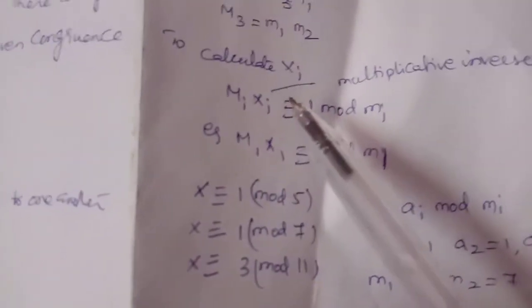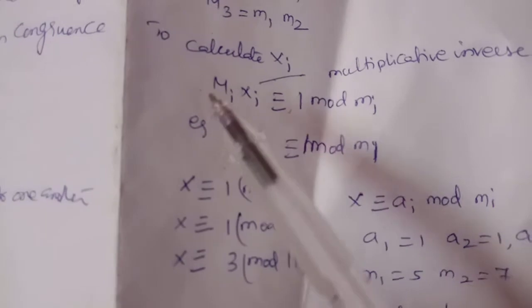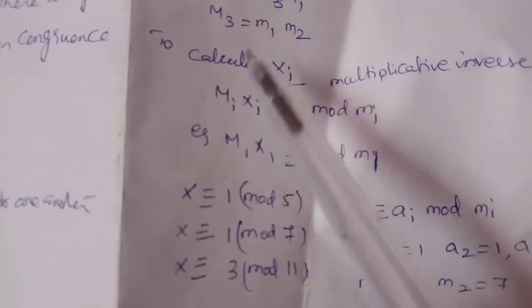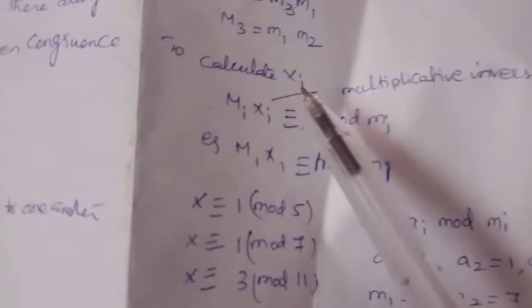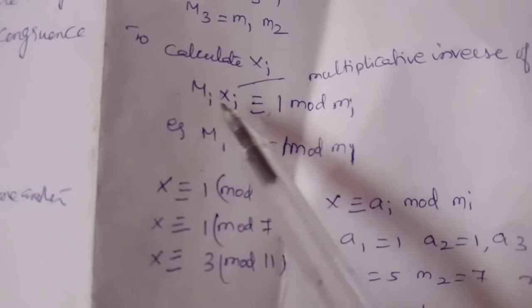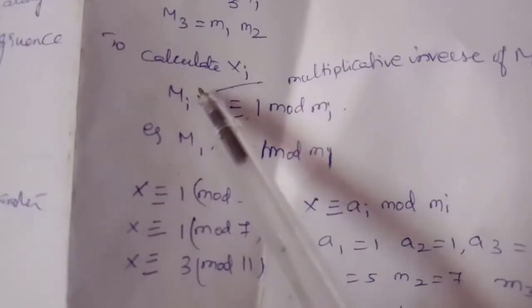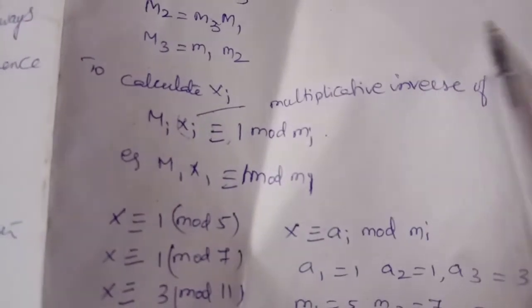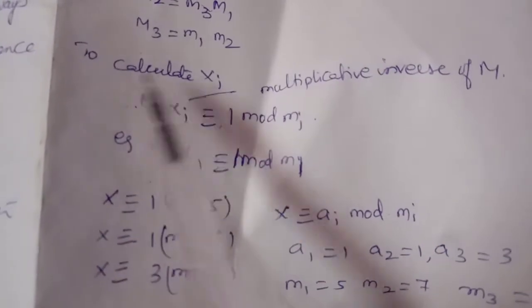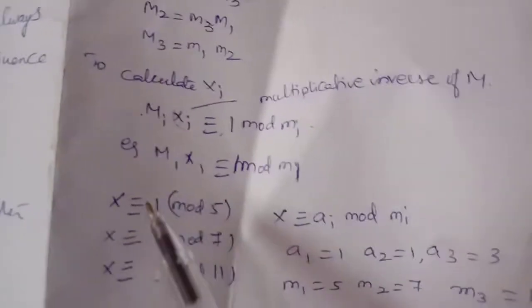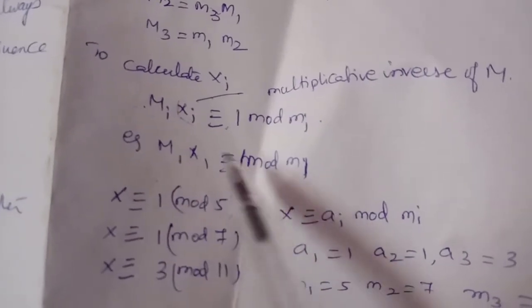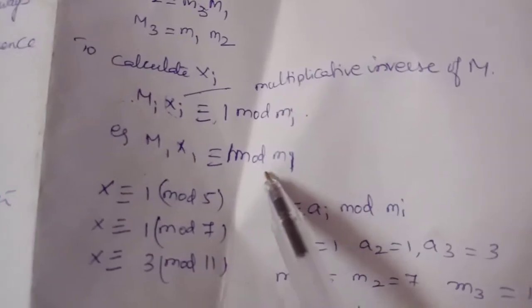To calculate the value of xi, ai we have and Mi we already calculated. We have to calculate xi. Xi means Mi xi congruent to 1 mod mi. Xi means the multiplicative inverse of Mi.